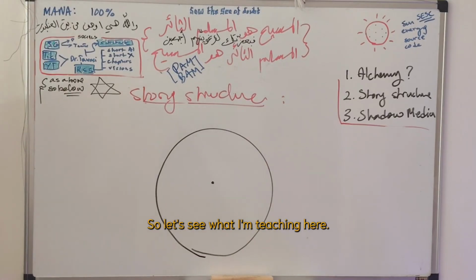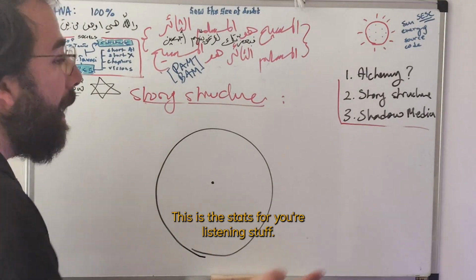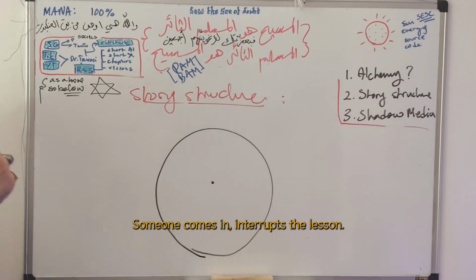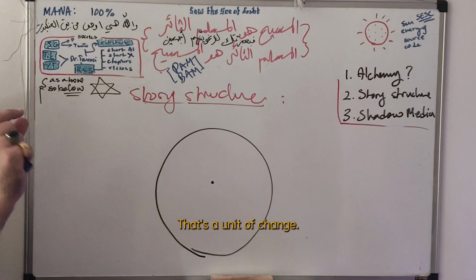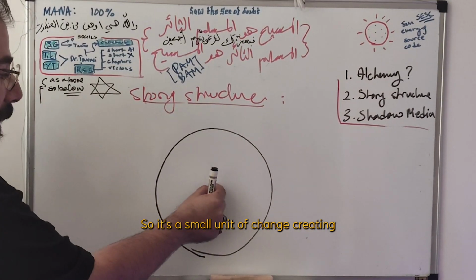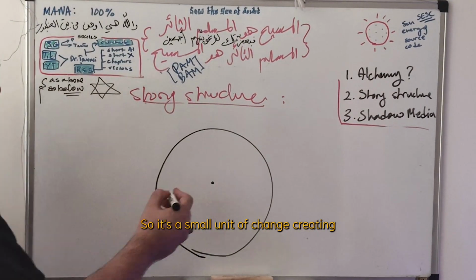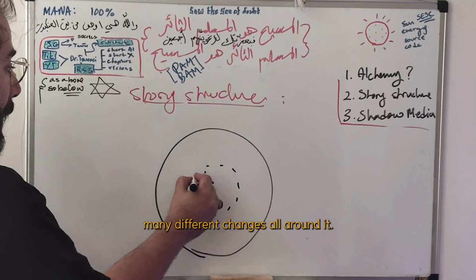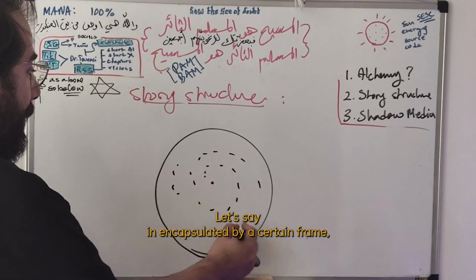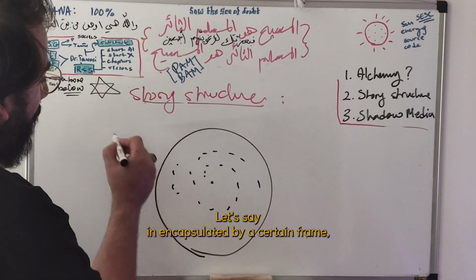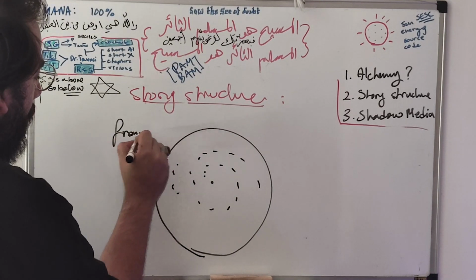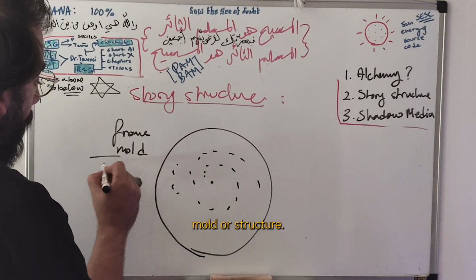So let's see, where I'm teaching here, this is the status quo. You're listening. Someone comes in, interrupts the lesson. That's a beat. That's a unit of change. It's a small unit of change, creating many different changes all around it, encapsulated by a certain frame, mold, or structure.